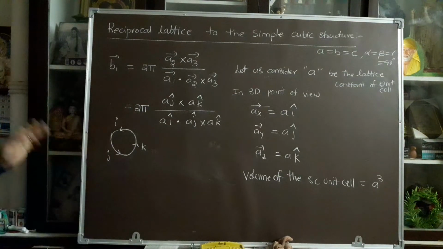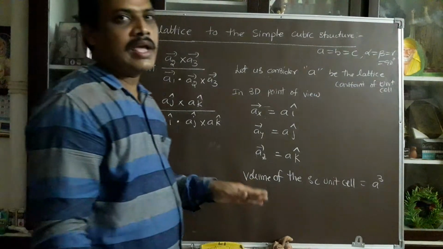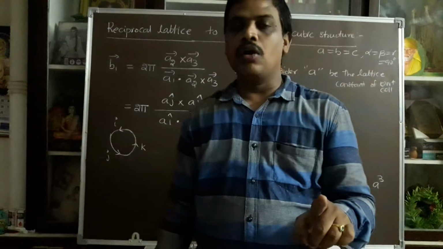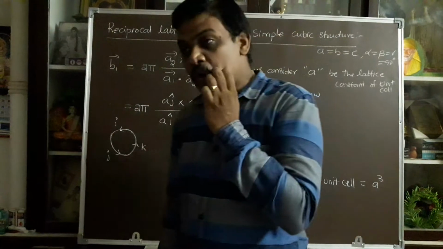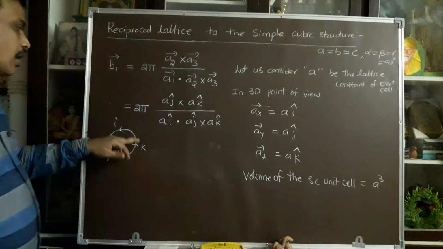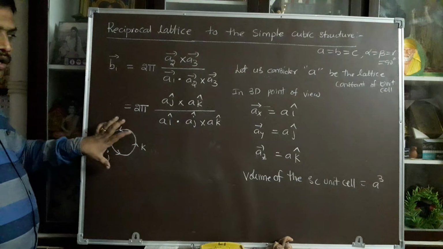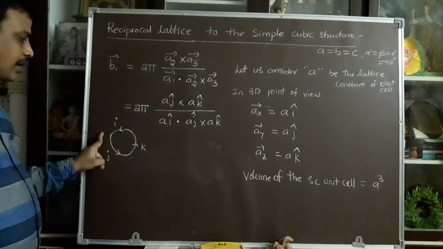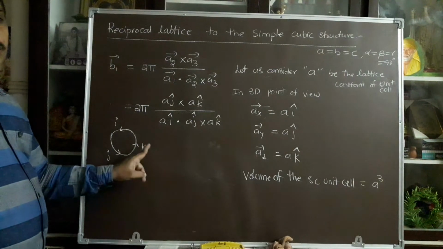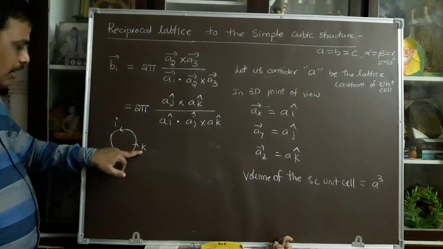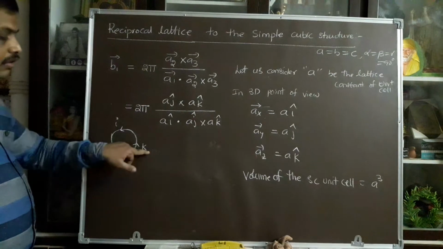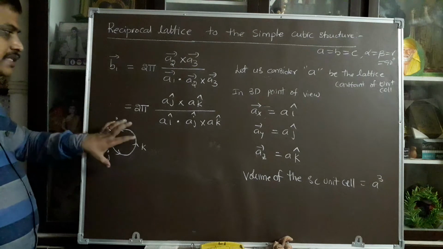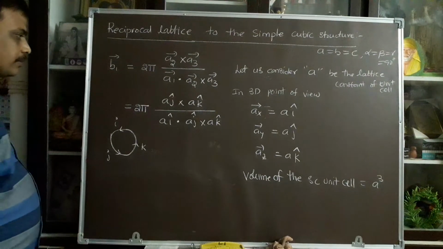The cross product must be taken in the cyclic, anti-clockwise order to get the third vector. Suppose k bar cross i bar were in reverse order, you would get a negative sign.